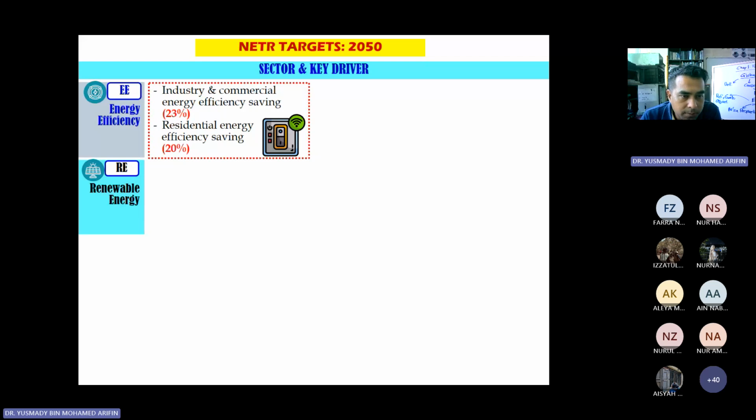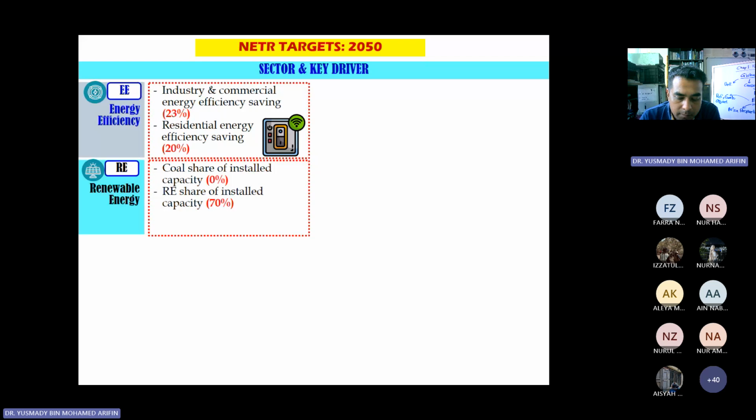Under renewable energy, coal share of installed capacity, the target will be 0%. So now, if you go to the power plant, most of the power plants will combine energy supply usage. For example, they will combine coal plus diesel in order to supply the energy to run the power plant in order to produce electricity.